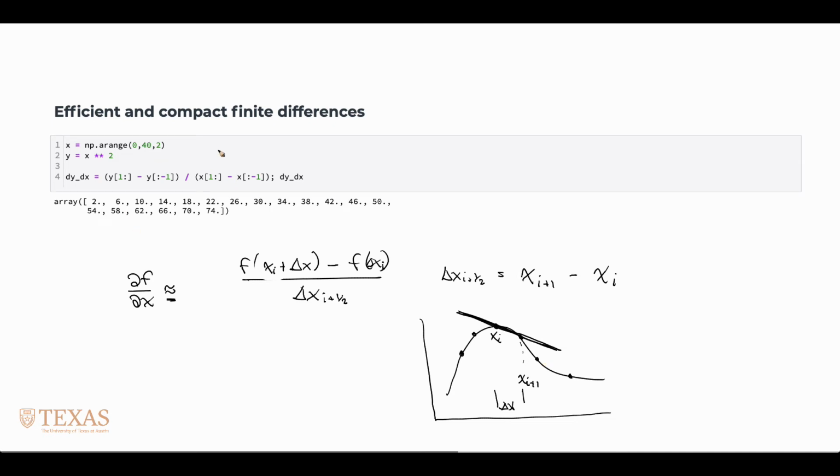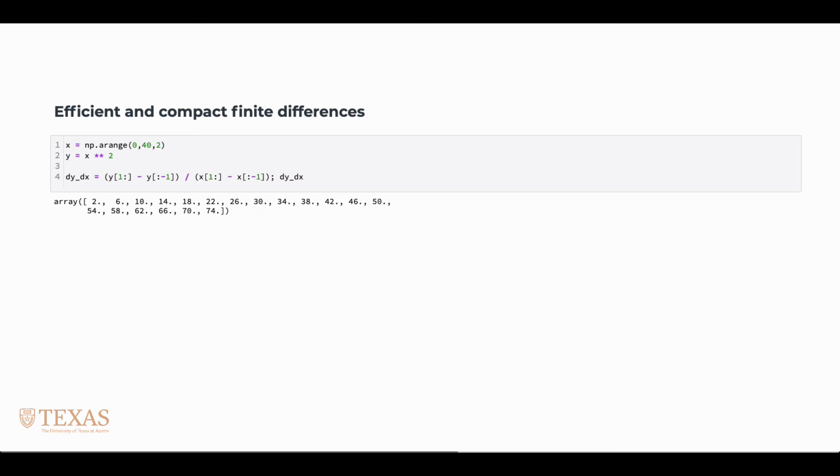We can do this in NumPy very efficiently in a compact way with this type of operation. So in this case, we have an array x that's just a discrete set of numbers that go from 0 to 40 in increments of 2, and then we'll square that to get y. We want to compute the derivative of y with respect to x.